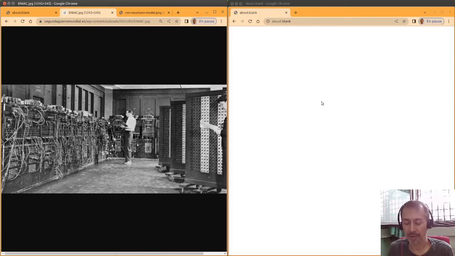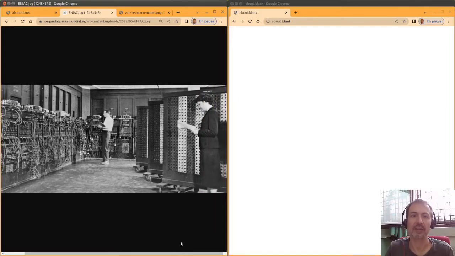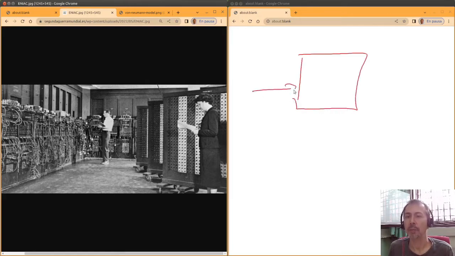Well, remember that a computer has some inputs and it generates some outputs. In this case, it didn't have a screen or something like that.